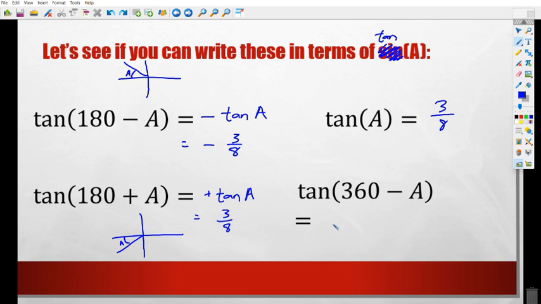I'm in the 4th quadrant. Tan is what in the 4th? It's negative. And how many degrees did I move back? I said 360 and I minused A degrees. So instead of saying tan of 360 minus A, I can say negative tan of A degrees. I know what tan of A is. Tan of A is 3 over 8, so it's negative 3 over 8.